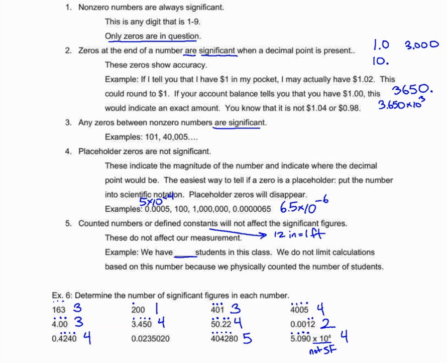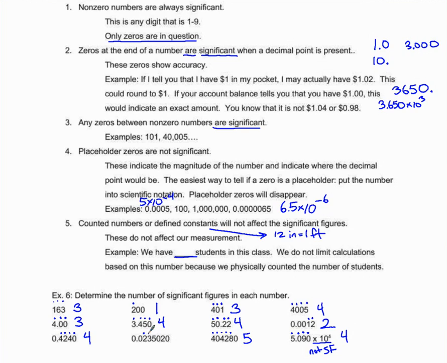This next one is always a favorite for the test. Not this exact number, but if you had maybe a handful of these, there's always going to be one like this where it hits almost every rule that is up here. So let's look at this. 0.0235020.